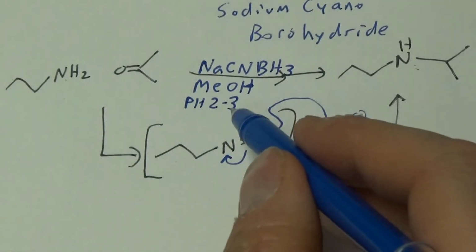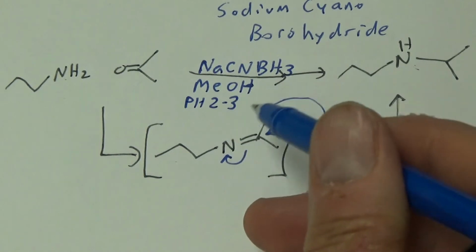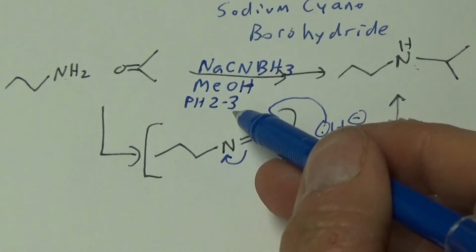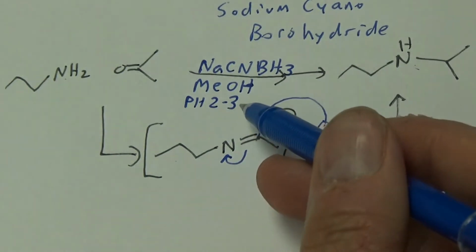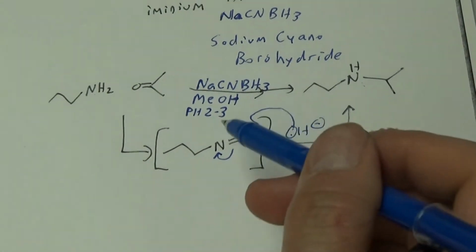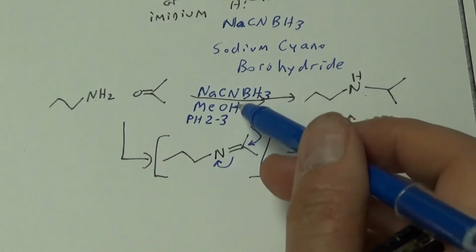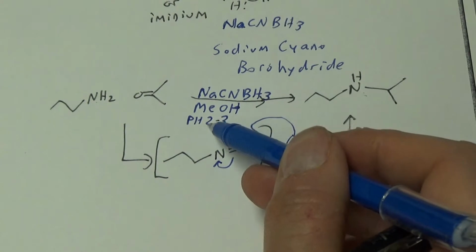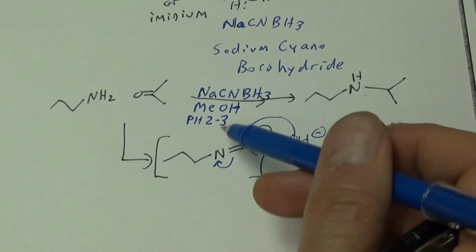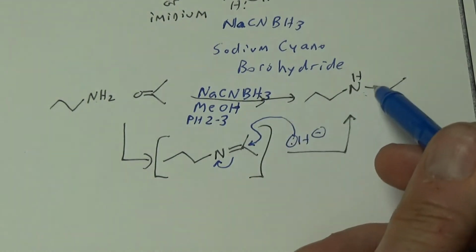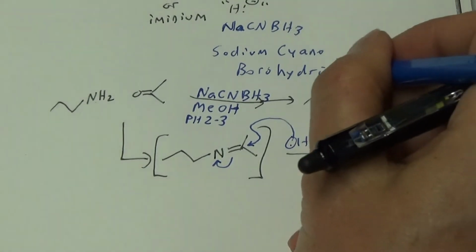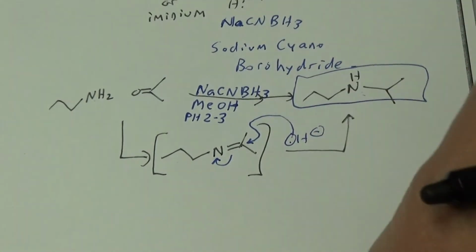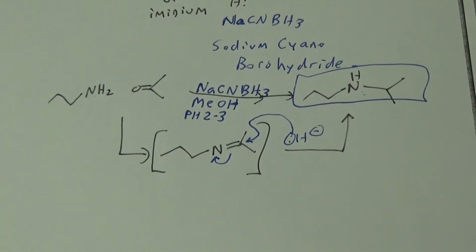Another way to say pH 2 to 3 is catalytic H+, right? It's slightly acidic. So you usually would just add a little bit of acid to your methanol. pH 2 to 3 basically means there's some H+ around, catalytic acid. And your final product is the amine. That is the overview of reductive amination. So now let's show some examples of it.